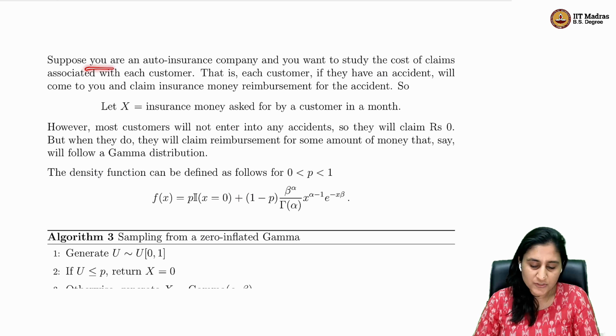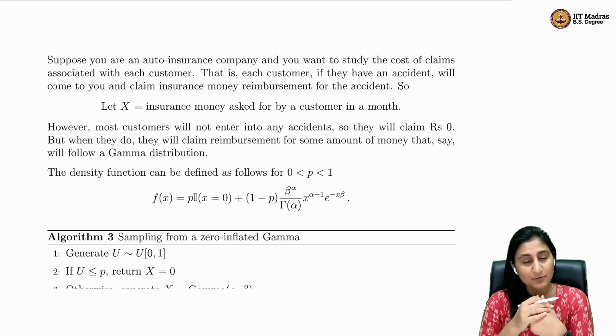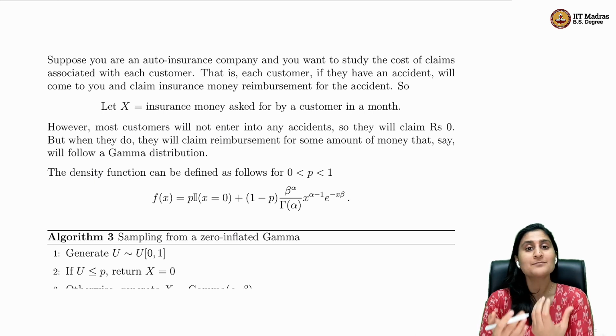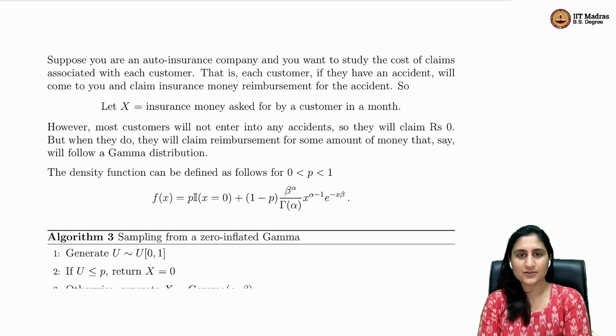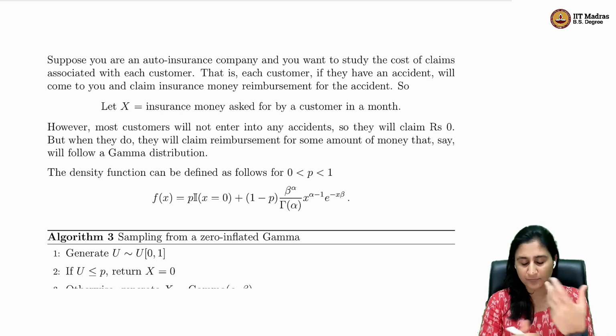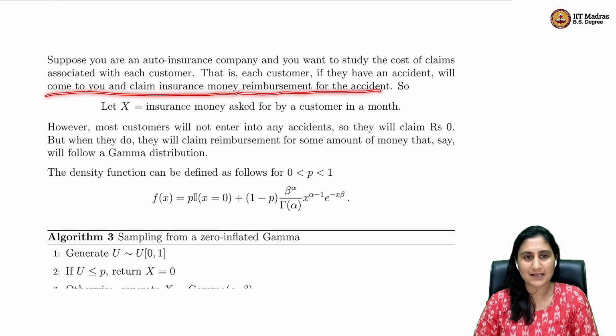Let's motivate a zero-inflated gamma distribution. Suppose you are an auto insurance company, and you want to study the cost of claims associated with each customer. Customers have vehicles, have cars, and when they buy a car, they will also get car insurance. And when there's car insurance, there's also claims: somebody got into an accident and filed a claim so that they can get some insurance money back for whatever they've been paying monthly.